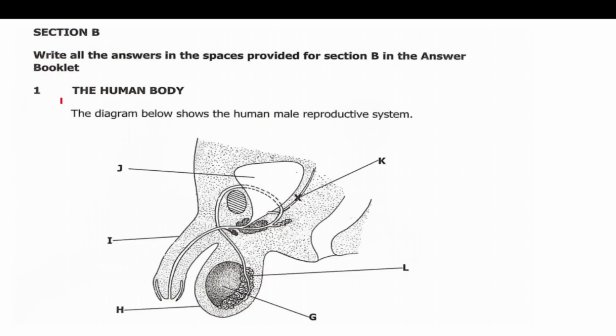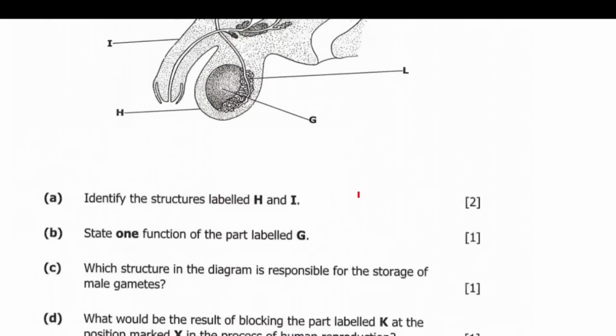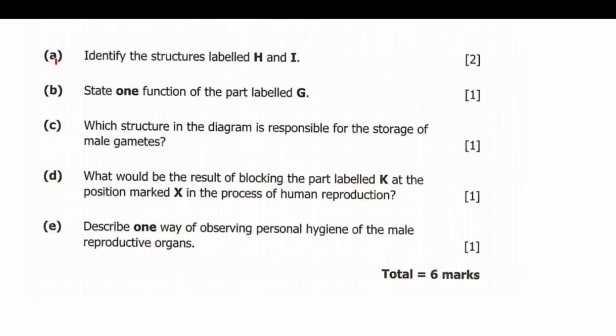So question number 1 here is on the human body. The diagram below shows the human male reproductive system. So this is the diagram we have. Question A reads, identify the structures labeled H and I. B reads, state one function of the part labeled J. C reads, which structure in the diagram is responsible for the storage of male gametes?